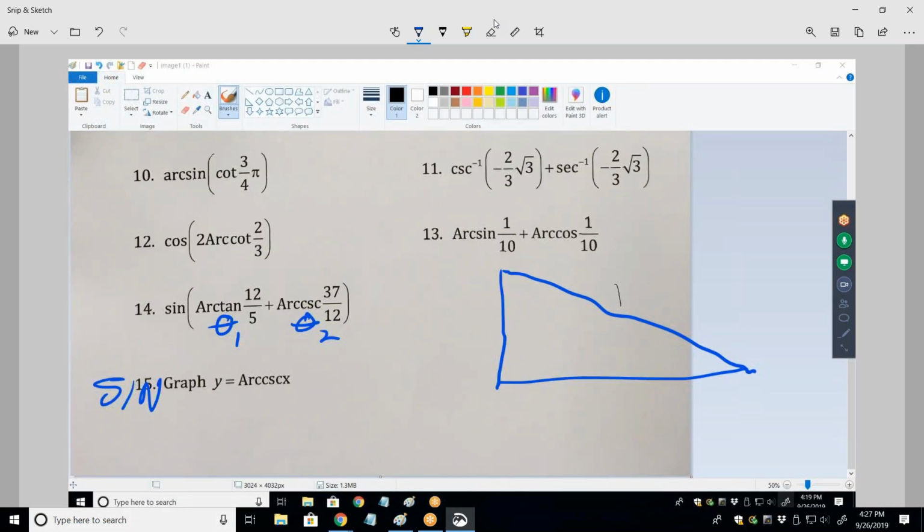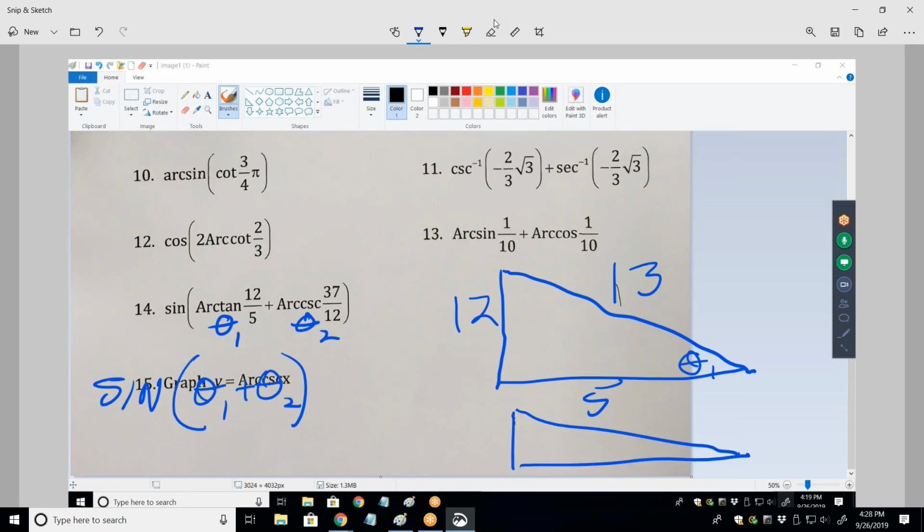The sine of theta 1 plus theta 2. I'll draw 2 triangles. I'll make that theta 1. That side is 12, that side is 5, that side is 13. I'll make this theta 2. That's 37, that's 12. Who knows what that hypotenuse is? There's a number there.